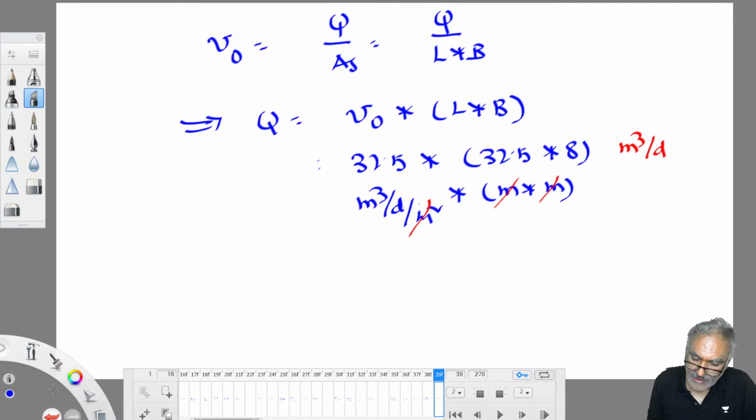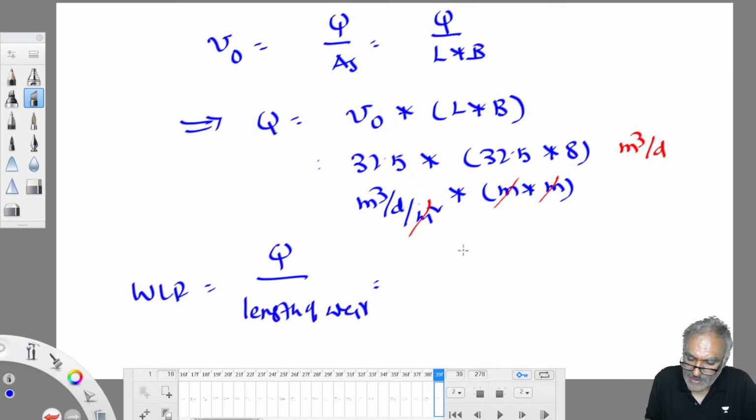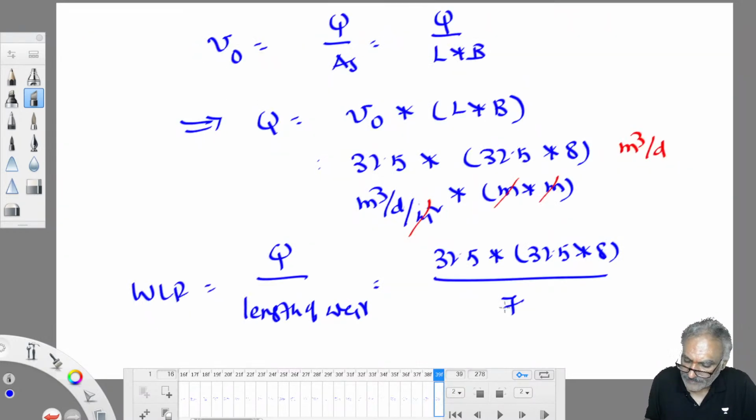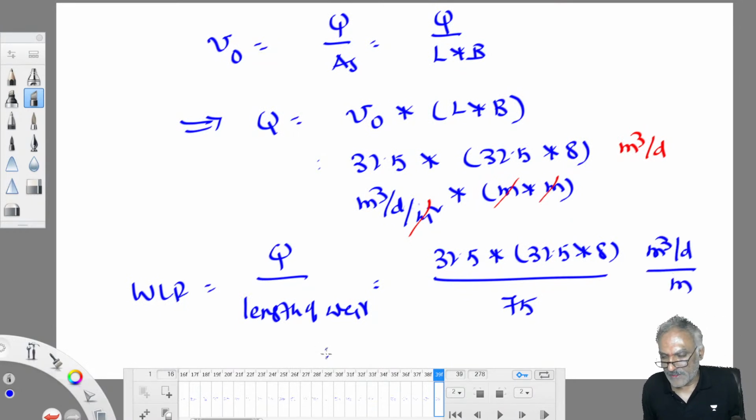So weir loading rate is equal to Q by length of weir. So Q is 32.5 into 8, and length of weir is given in the question, 75 meters. So it is meter cube per day by meter. Therefore we will get the answer in meter cube per day per meter. So just by adjusting the unit system also you will get the answer.